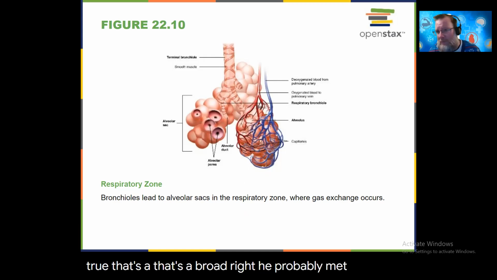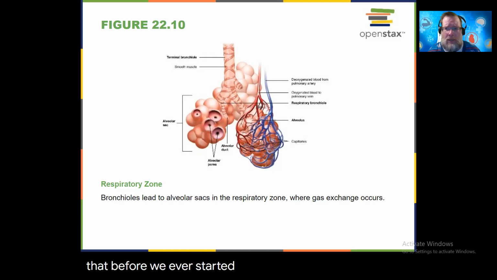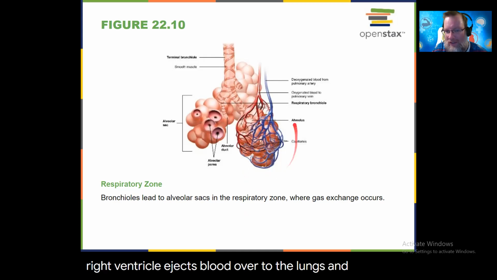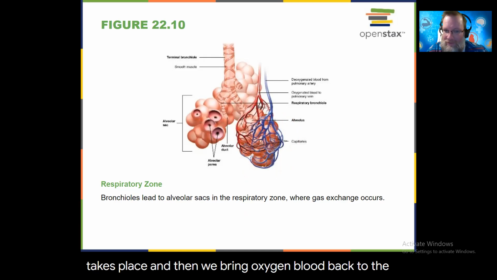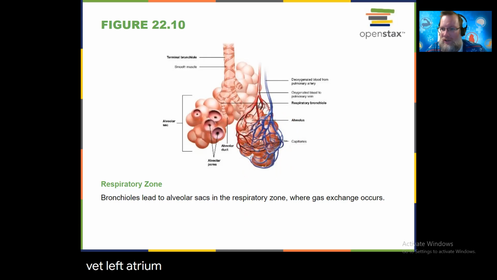You probably knew that before we ever started talking about cardiovascular and respiratory, but specifically now you can say the right ventricle ejects blood over to the lungs, and specifically the alveoli of the lungs where gas exchange takes place, and then we bring oxygenated blood back to the left atrium of the heart.